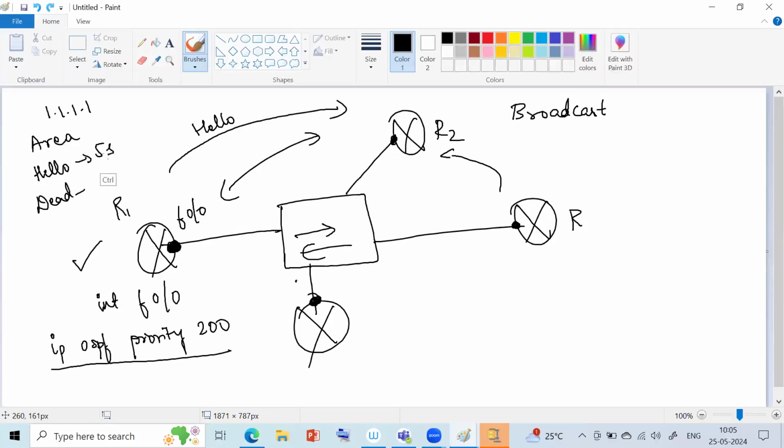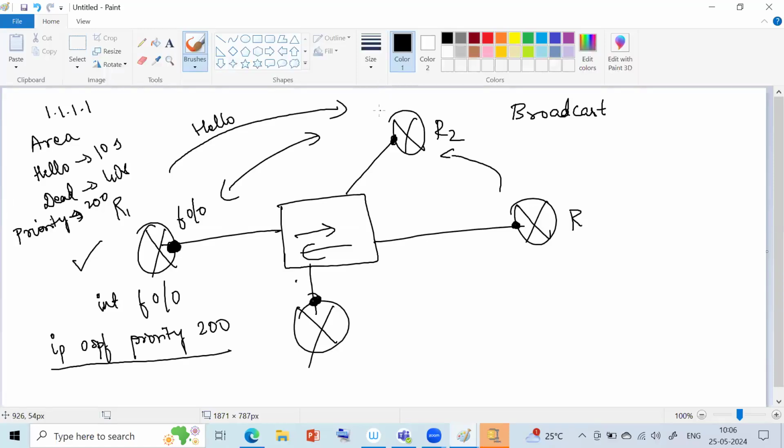Sorry, it should be 10 and 40. After 40 seconds, I'll consider my neighbor dead. Along with that, it will say, what is my priority? These are the things it will carry in its hello packet.